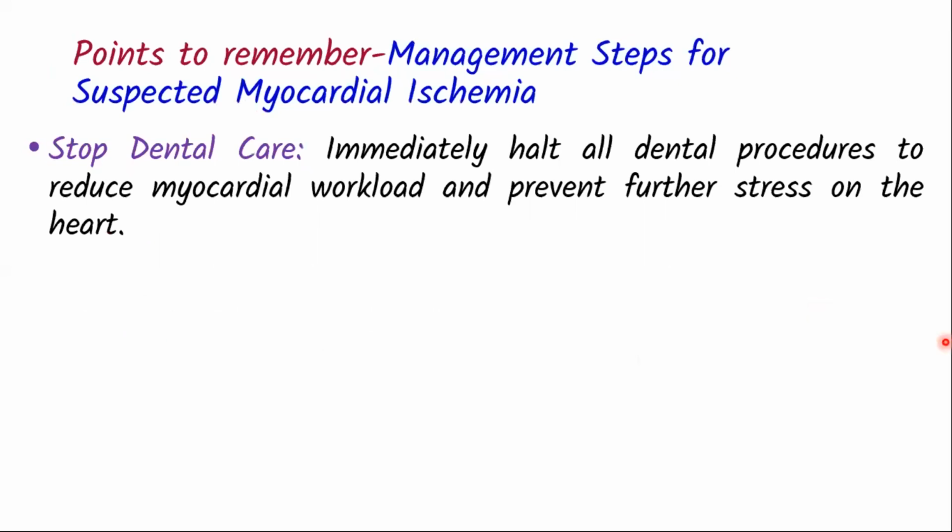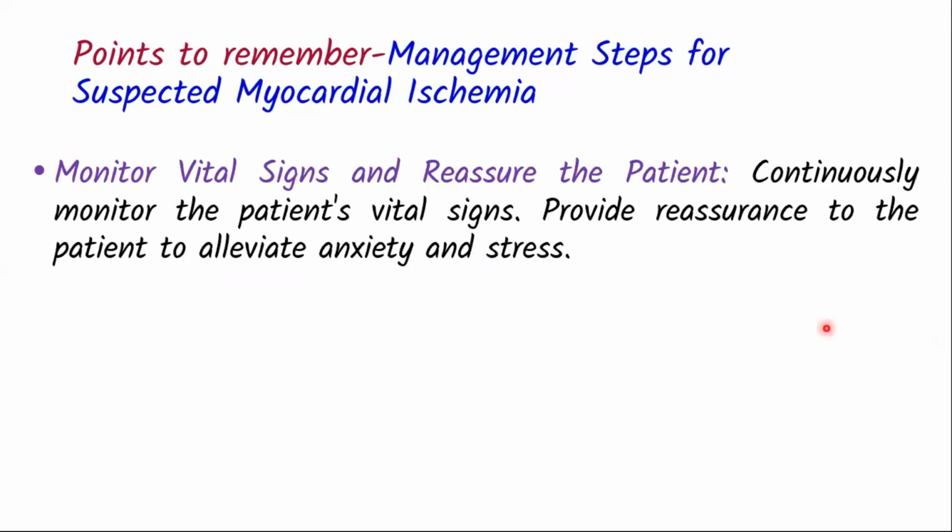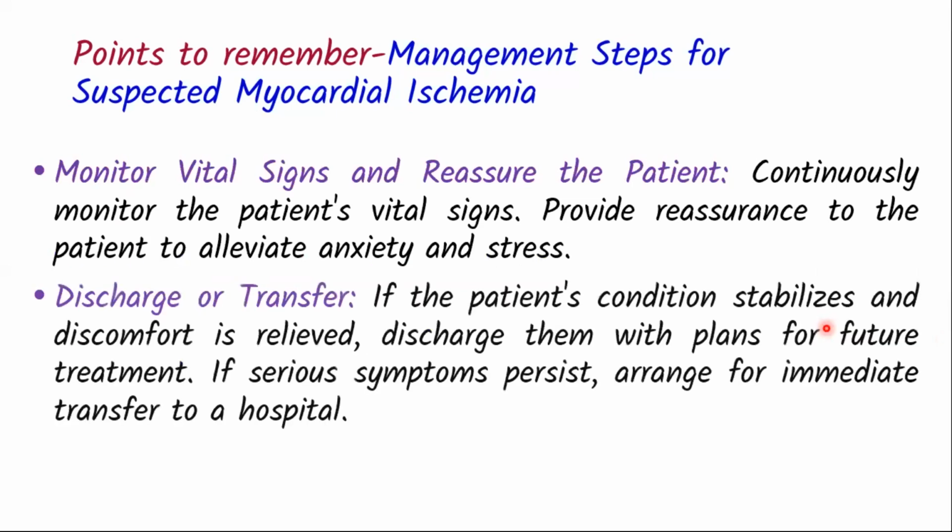Management steps are stop dental care immediately, administer oxygen and nitroglycerin 0.4 milligrams sublingually up to 3 doses. Monitor vital signs and reassure the patient. Discharge if stable or transfer to hospital if serious symptoms persist.